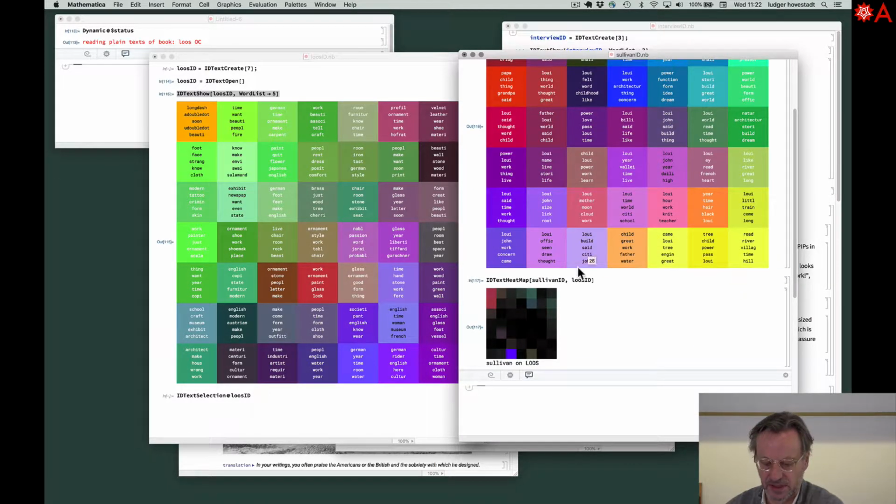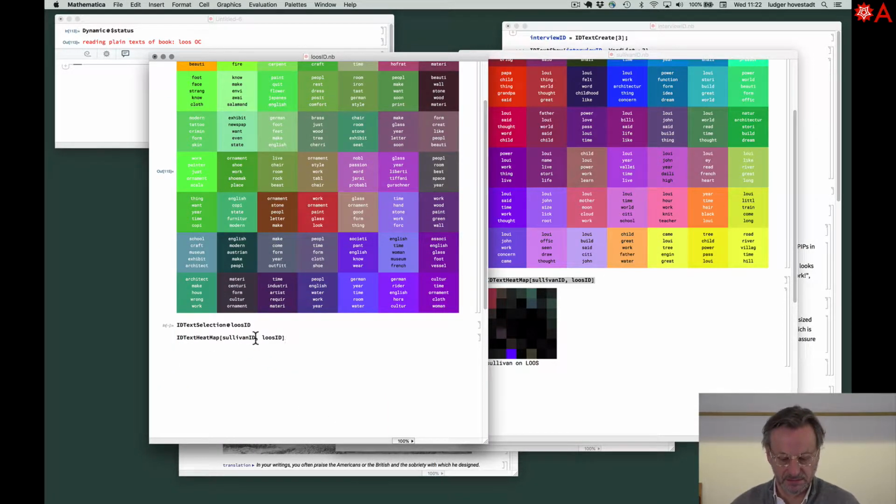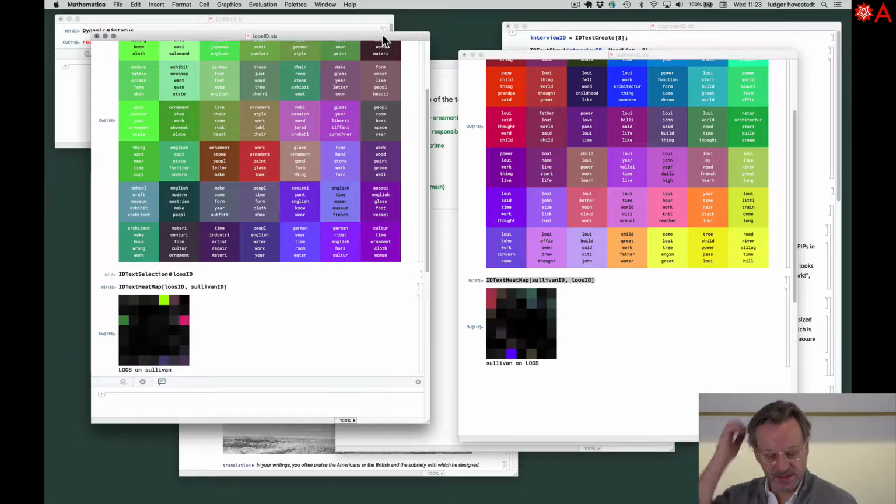Okay, we can check it. Or we can ask Loos what he's thinking about Sullivan. We are here: furniture, create, like, modern, tattoo, crime. Good, that's interesting.